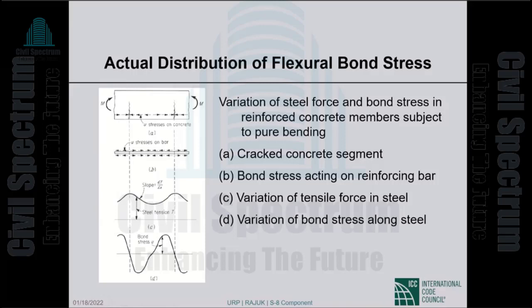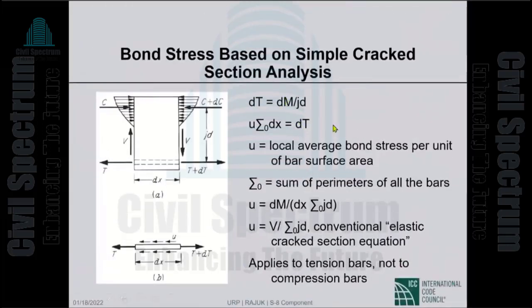And then the bond stress U is proportional to dt dx. So bond stress U is proportional to dm dx, which is the same as dt dx.